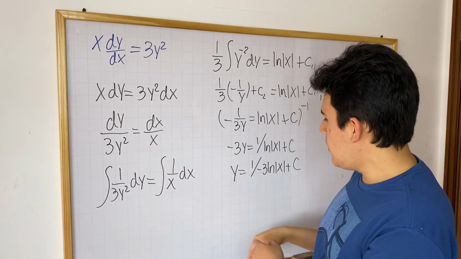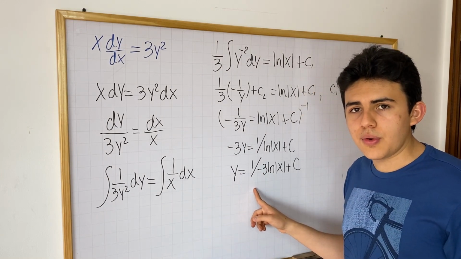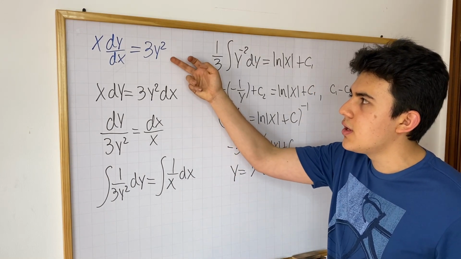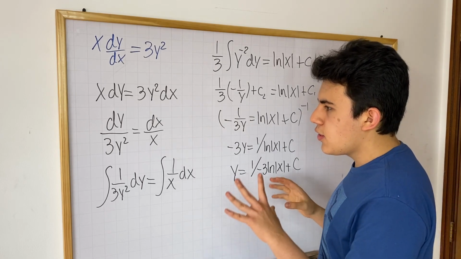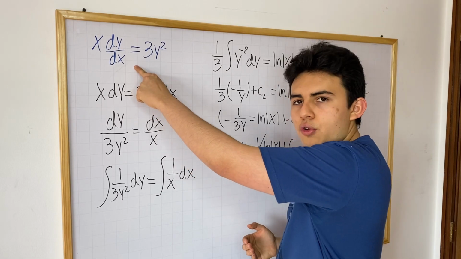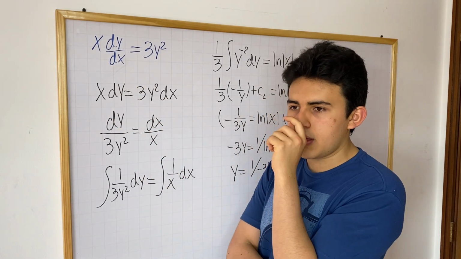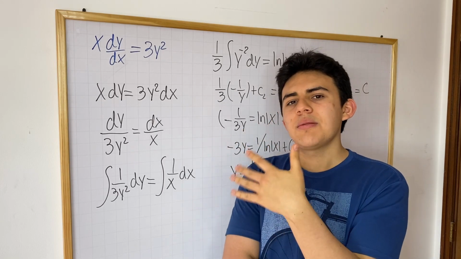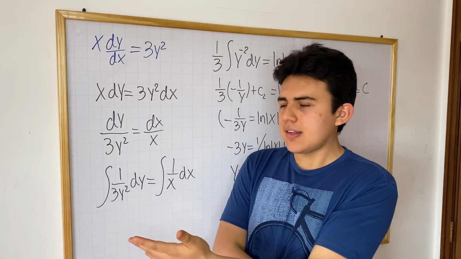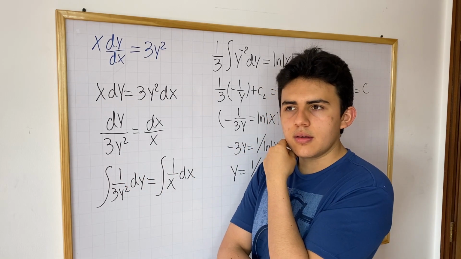Now, this is probably not the only solution to this differential equation. One of the solutions we left out could be something that mathematically we made disappear because we divided by 3y squared equals x, okay?